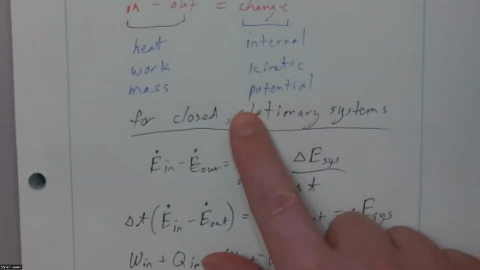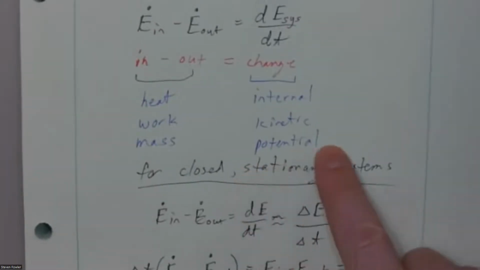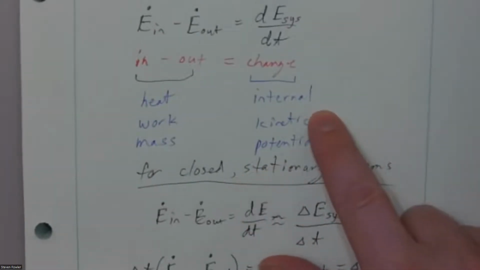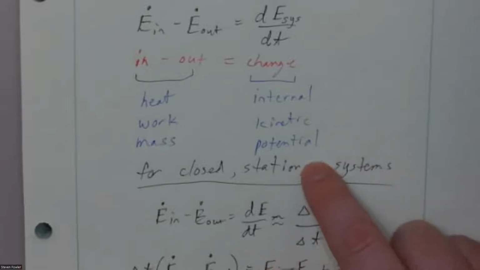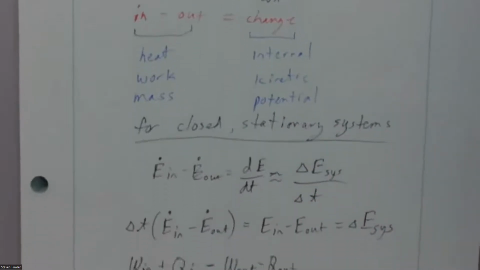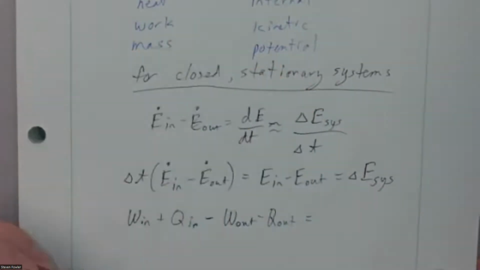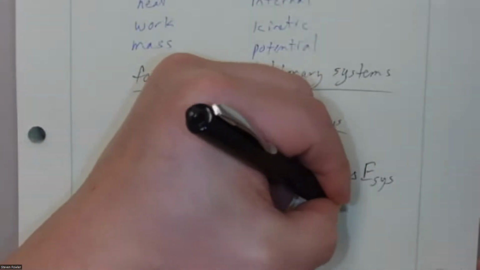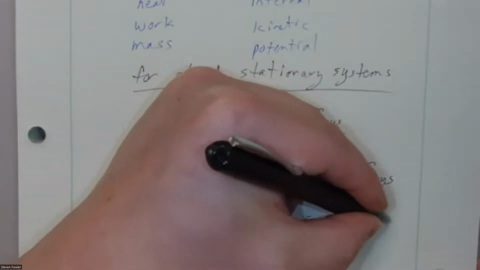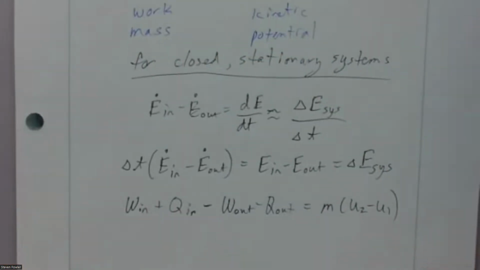And again, because it's a stationary system, the kinetic and potential don't change. So the only type of energy that's going to change is going to be the internal energy. So add the in, subtract the out, set that equal to the change. If it's a closed stationary system, this is what we're left with.